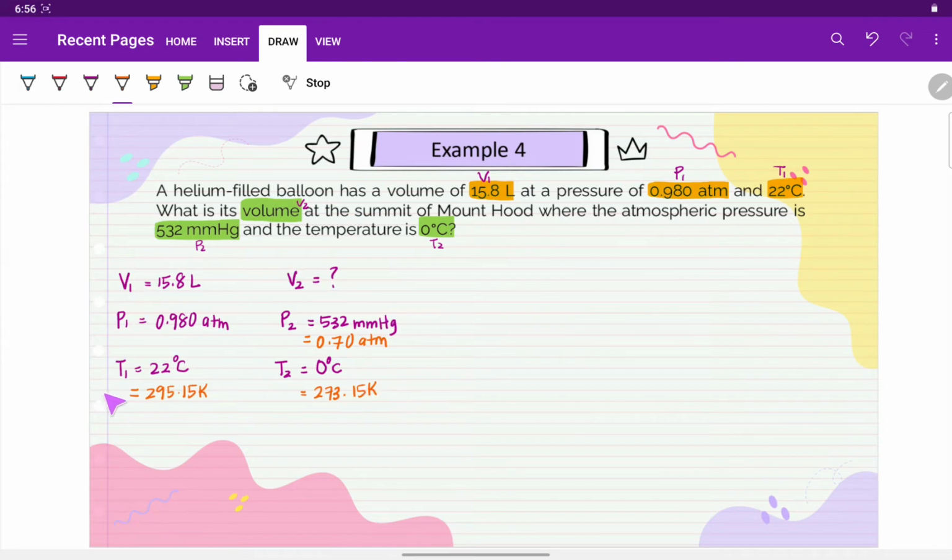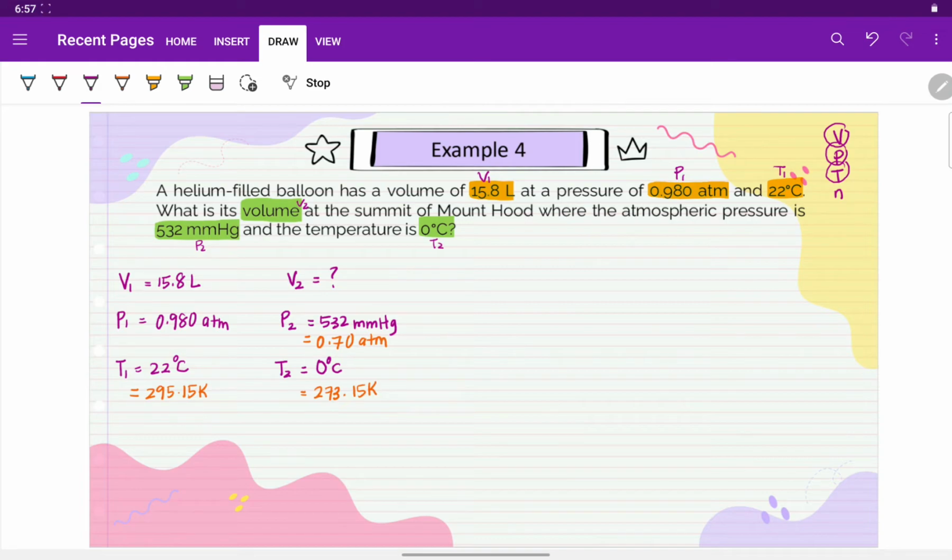Okay, so once we have settle down with the information over here, kita kembali semula kepada kita punya variable volume, pressure, temperature, number of mole. So as you can see over here, ada 3 variable yang berubah. Apa dia? Volume, pressure and also temperature. The only variable yang fix dekat sini adalah number of mole.